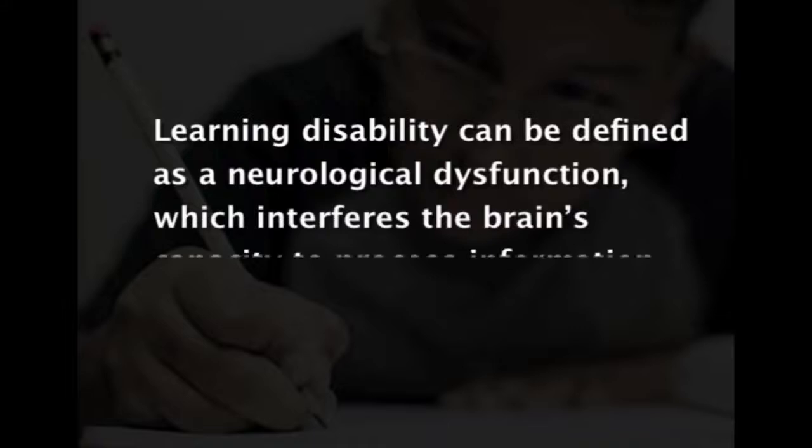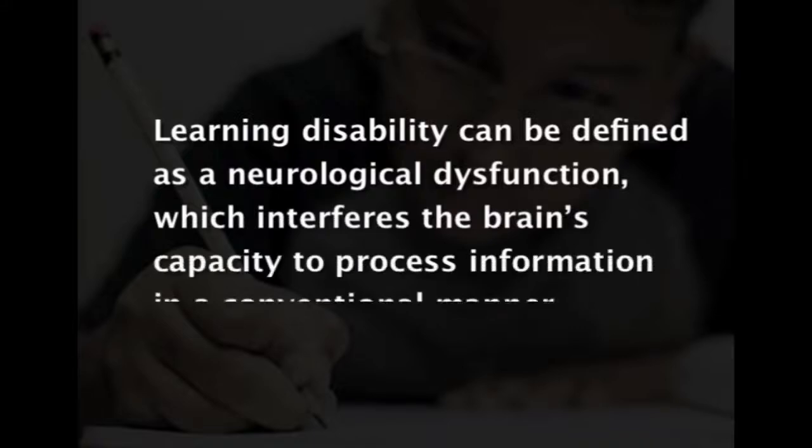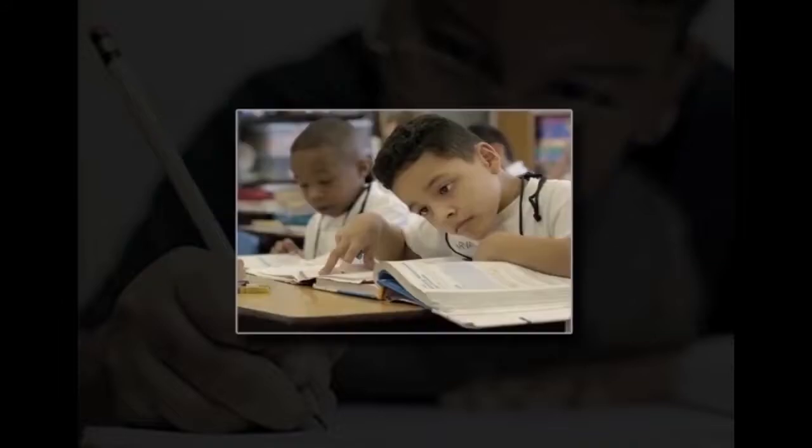Learning disability can be defined as a neurological dysfunction which interferes with the brain's capacity to process information in a conventional manner. The children with specific learning disabilities exhibit a disorder in one or more psychological processes involved in understanding or using spoken or written language.